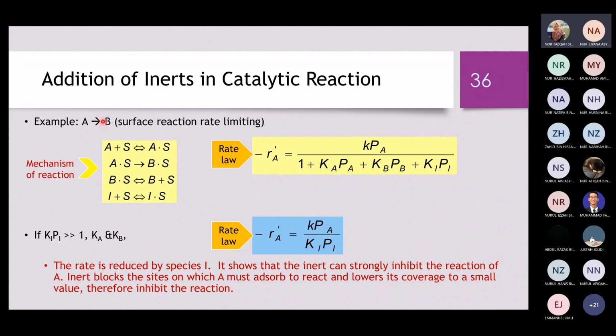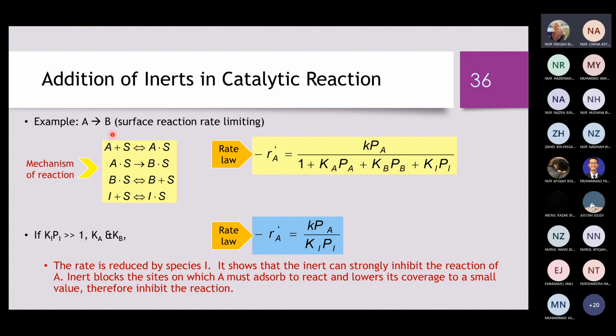step, because this is the reaction of reactant A to produce product B with surface reaction as the rate limiting step. Okay, so we know this is the surface reaction step where the product forms and adsorbs on the active site of the catalyst. Therefore, in the first step of the reaction, A with the vacant site will adsorb to form A dot S. Okay, reversible reaction.